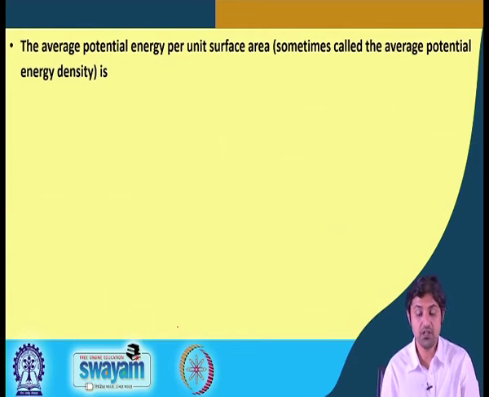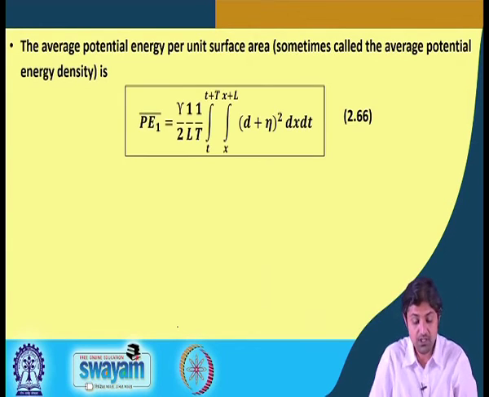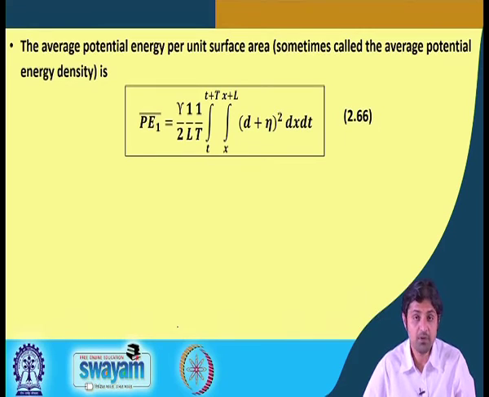So, the average potential energy per unit surface area is going to be the integration of gamma by 2 into this term, where we have to average over the whole wave period and also over the entire wavelength, using the equation below.